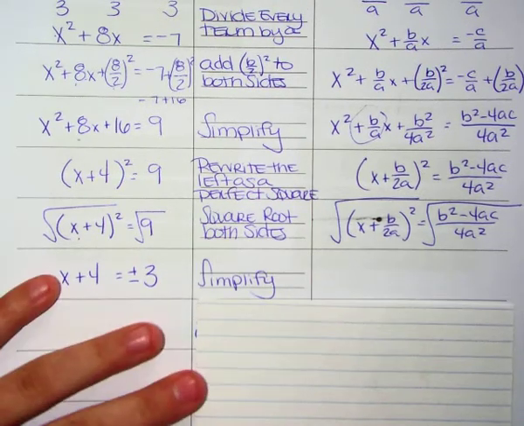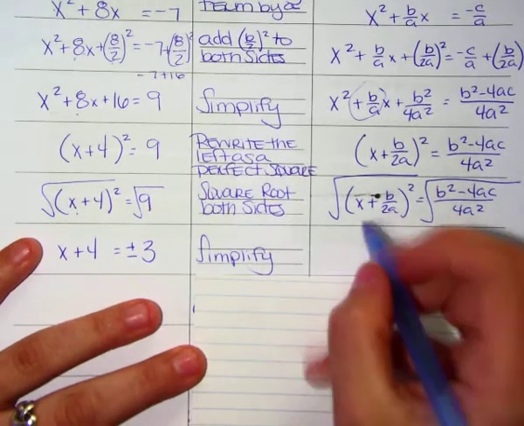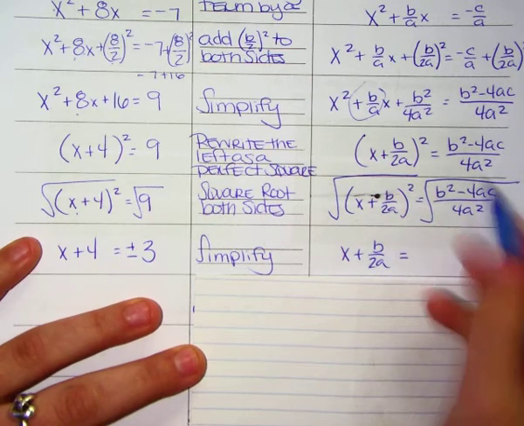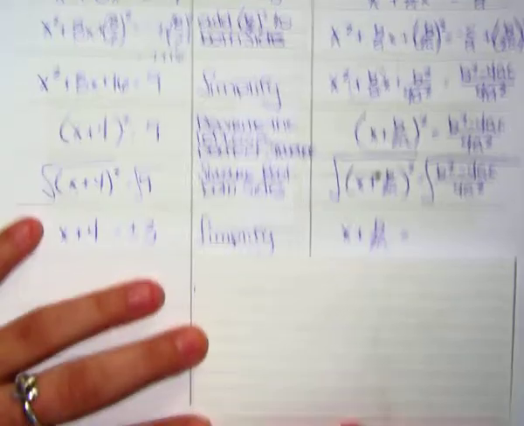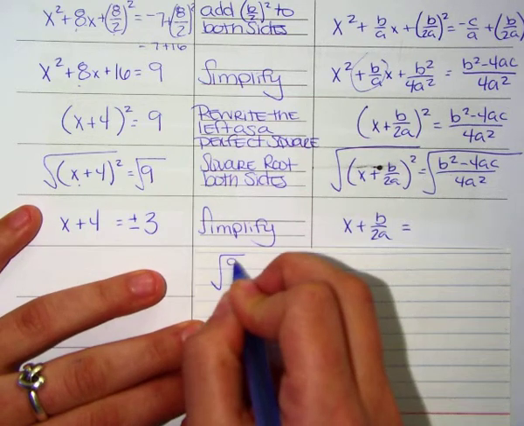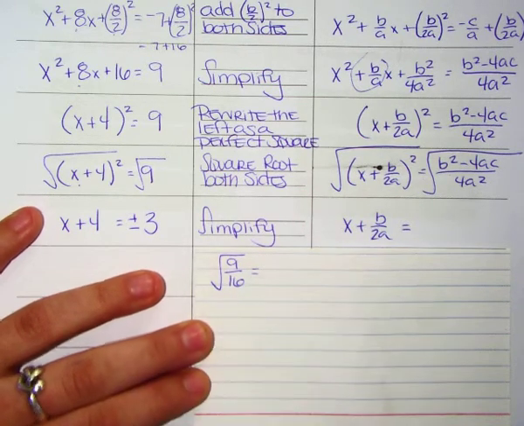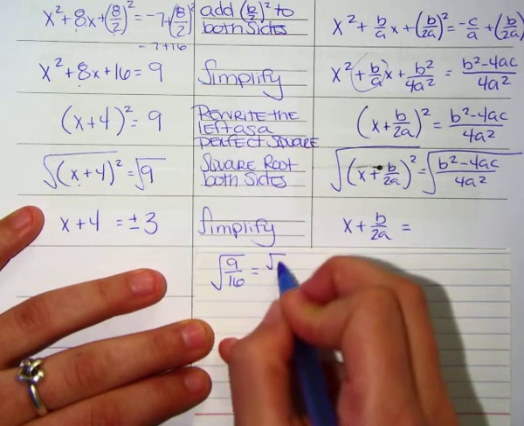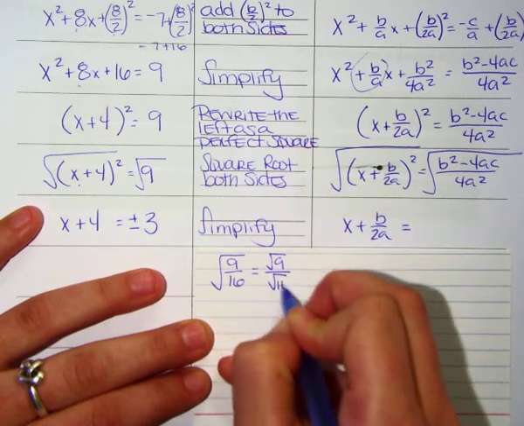So we simplify. Now, this is going to be equal to x plus b over 2a equals, and we need to simplify this. So let me make a little note here. If you are square rooting something like 9 over 16, we can split the square root up into the square root of the numerator divided by the square root of the denominator.